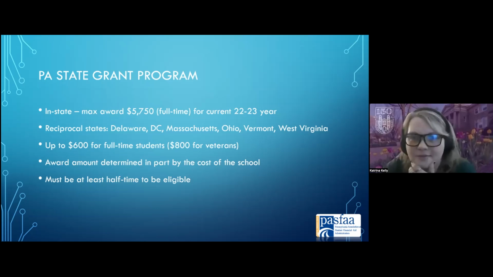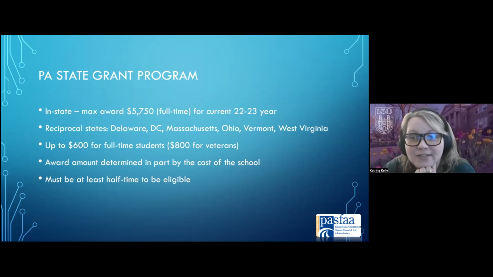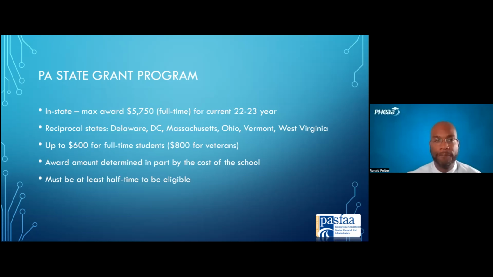Now, the maximum for any of the PASSHE schools, so any of the state schools, is $4,894 for PA state grant funds. Correct. Yep. Now, if you do plan on going out of the state of Pennsylvania, yes, the rumor is true. You get more money by staying in state. However, we will submit funds to institutions in these particular states: Delaware, DC, Massachusetts, Ohio, West Virginia, and Vermont.